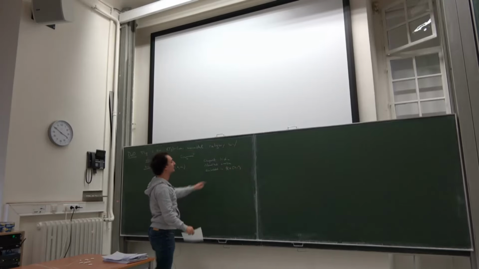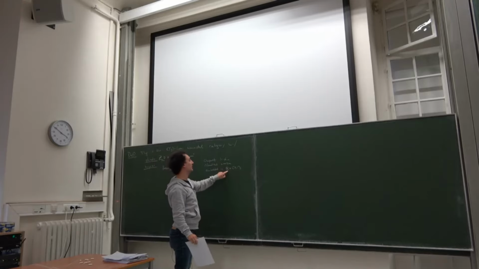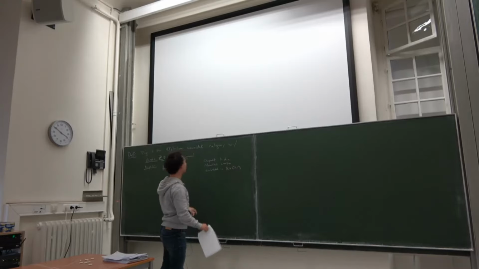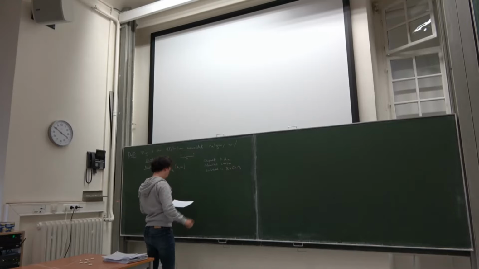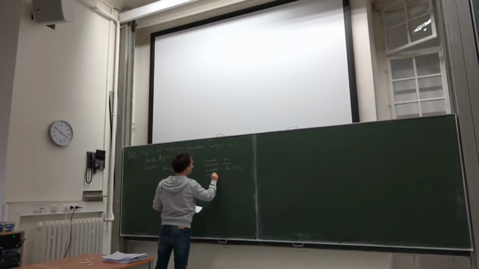And I think of the n points as sitting inside R cross, well, the subset here consisting only of 0, and the m points here sitting inside R cross 1, okay? And so I'm considering these things up to isotopy.